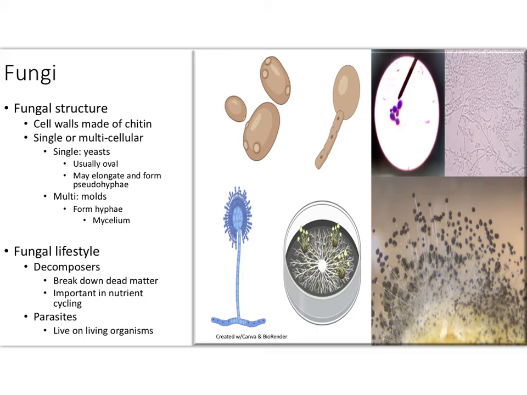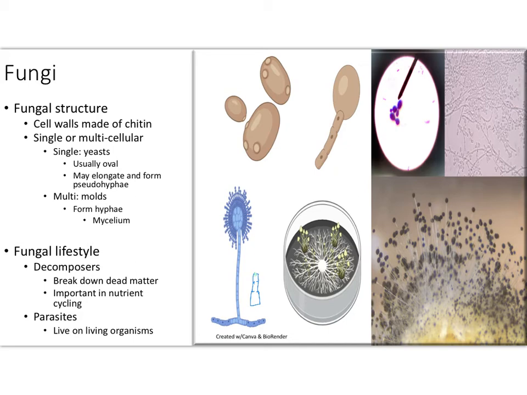Whereas pseudohyphae are just individual fungal cells that are attached to each other, but not necessarily connected with that tunnel-like structure. So in hyphae, oftentimes we have individual cells that are connected to each other. I'm going to draw some out in just a second. And their cytoplasms have a way of communicating with each other because of these little spaces.